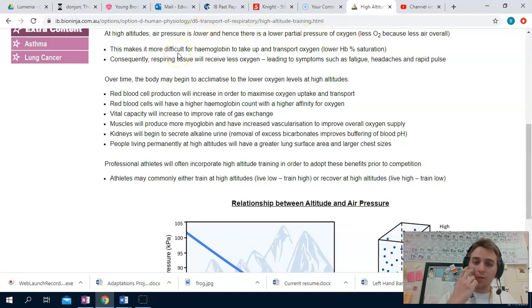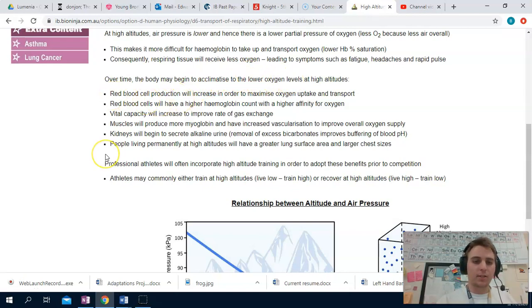This makes it more difficult for hemoglobin to take up and transport oxygen. So respiring tissue will receive less, leading to symptoms such as fatigue, headaches, and rapid pulse if you are not used to those areas. But over time, the body may begin to acclimatize to the lower oxygen levels.